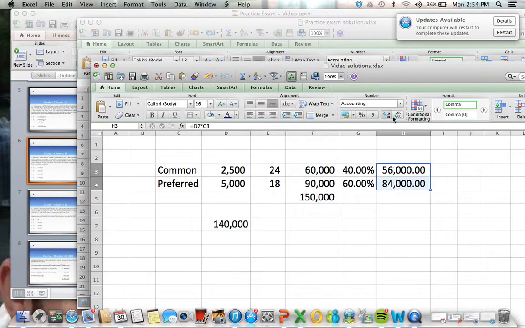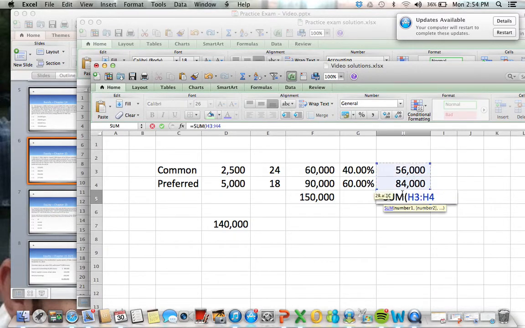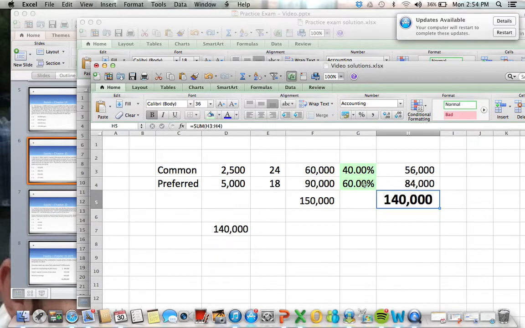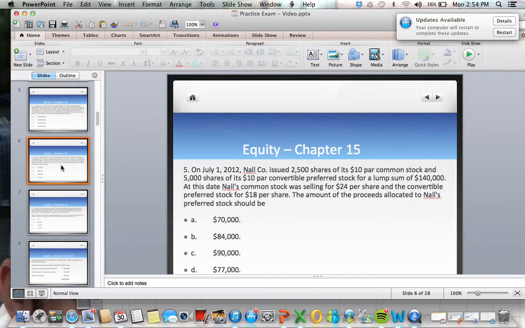So this way we see the breakdown, and we see that in reality it was issued for 140,000, but we used the percentages according to what it was actually trading for. 140 was actually the issuance, and the percent is the allocation of how it was trading. So 84 went to preferred, so the answer is B.